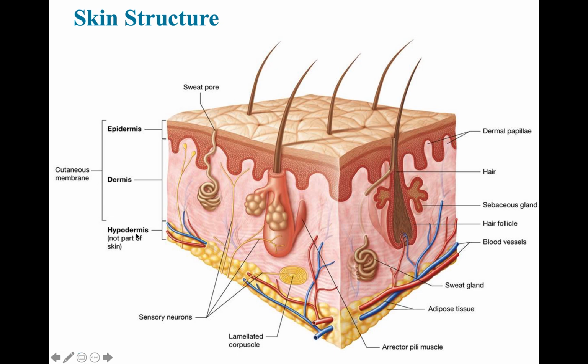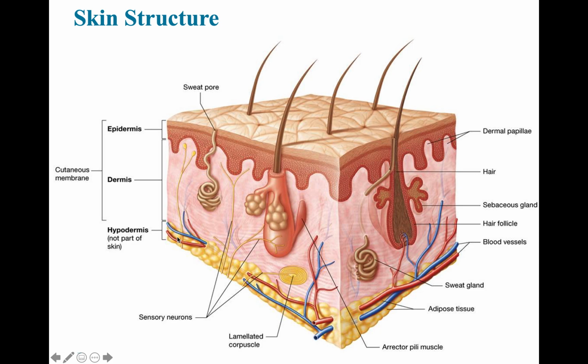And then the hypodermis, so hypo meaning below the dermis, is not considered technically a part of the skin. It's a layer of loose connective tissue as well as adipose, and the bulk of what we see here is adipose. A lot of times in cartoon images, adipose will look somewhat yellowish. The hypodermis is a connective tissue layer of loose connective tissue and adipose that will anchor the cutaneous membrane to the muscle or bone below.